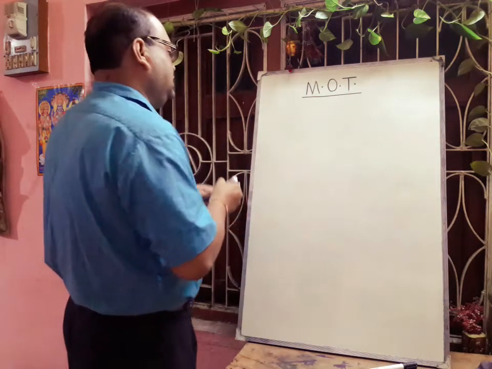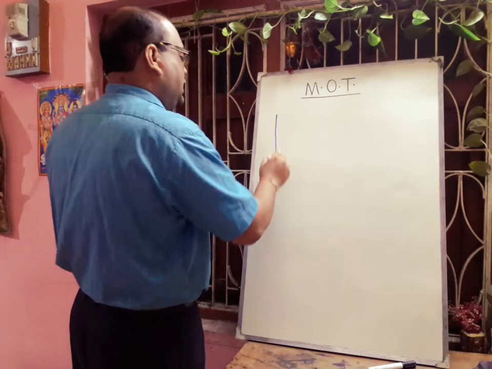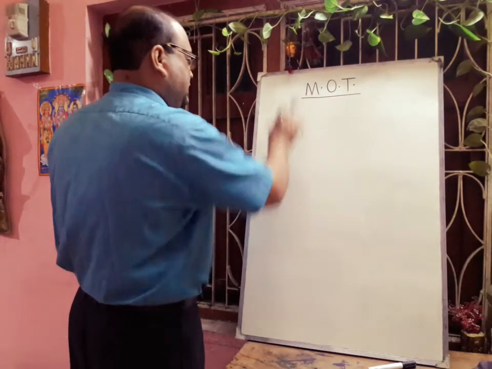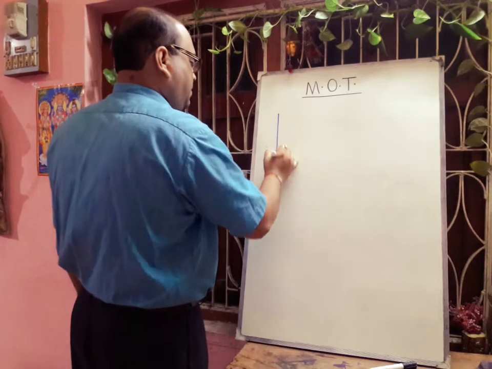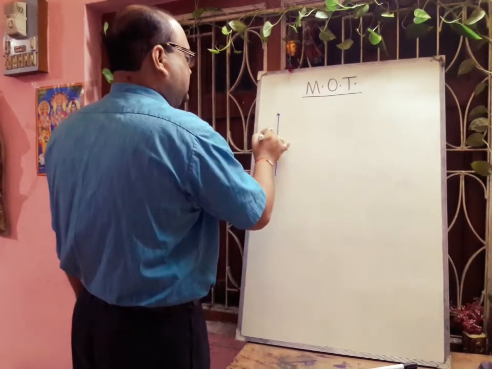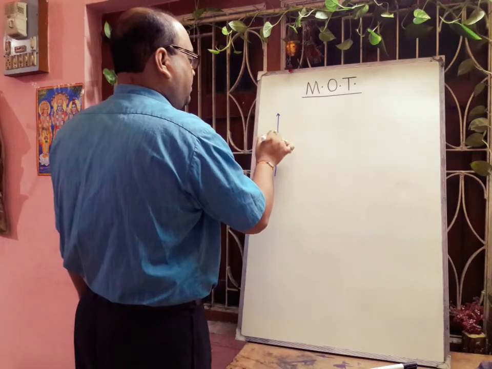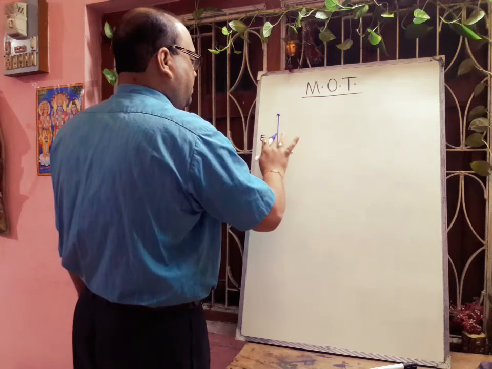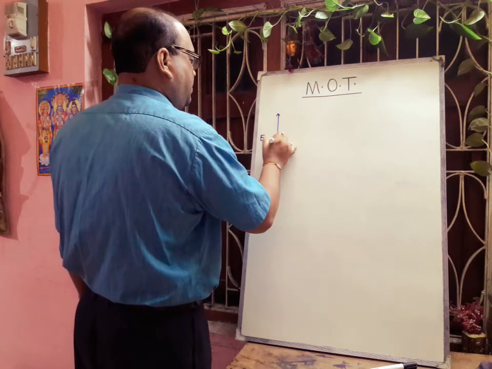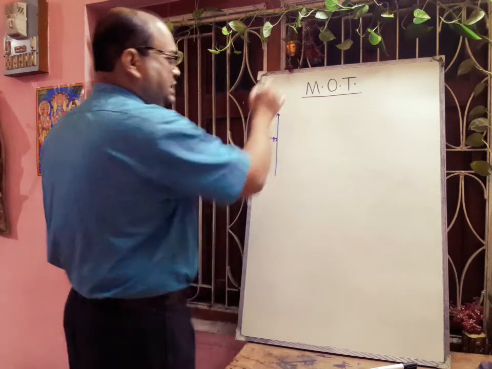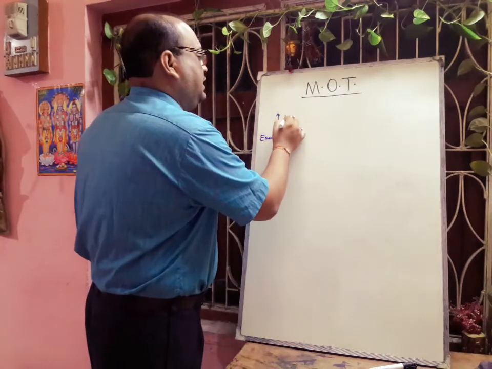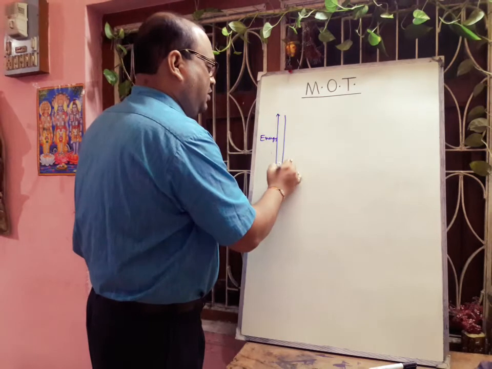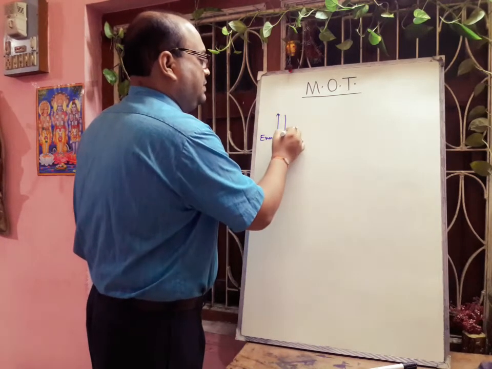So here we are showing the energy diagram. So this is the energy. Energy is increasing along this direction, and stability decreases from top to bottom. This is the stability.